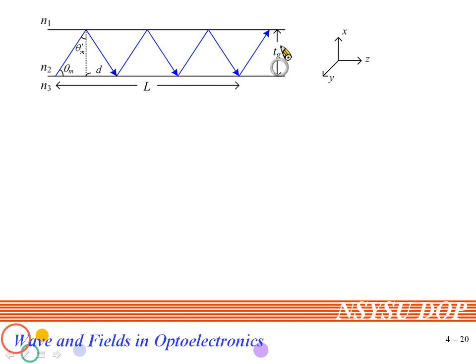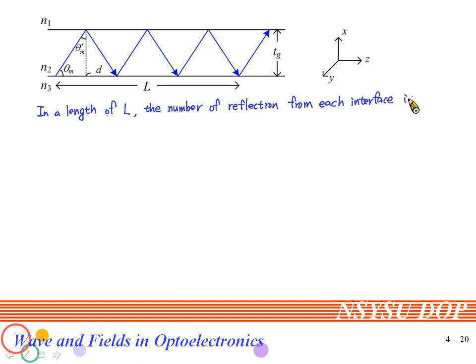Consider an optical waveguide of thickness Tg and a length of L. The number of reflections from each interface can be obtained by, we denote the number of reflections from each interface as N sub R, which can be obtained by L divided by 2D.